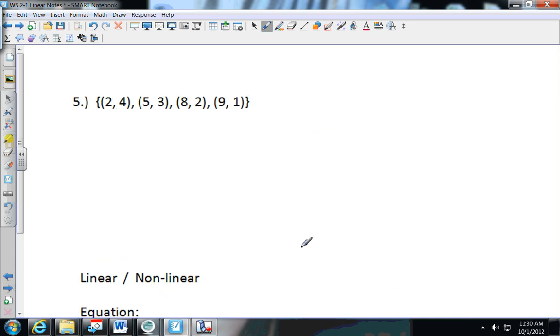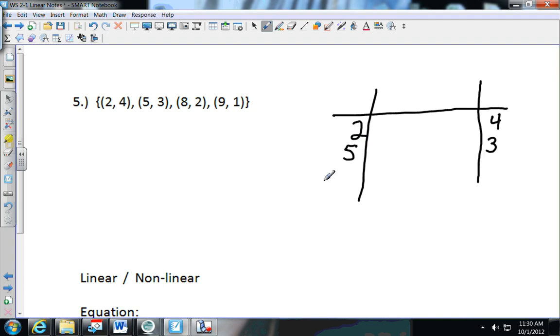Another one with a table. Build this table right now and do delta y over delta x and see if it is linear. Two and 4, 5 and 3, 8 and 2, 9 and 1.